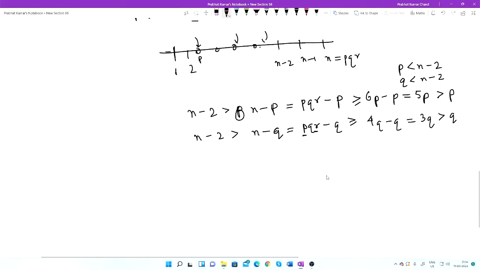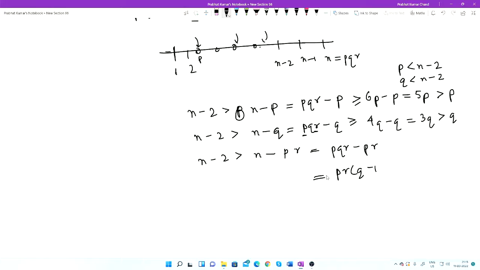Now we can do the same for pr: n minus 2 is greater than n minus pr. This will give you pqr minus pr, right? So if you take pr as common, this is q minus 1. As q can be minimum 3, it's 3 minus 1, which is 2, right?